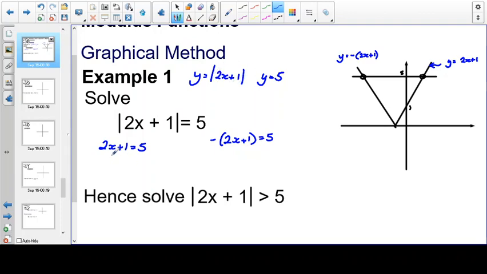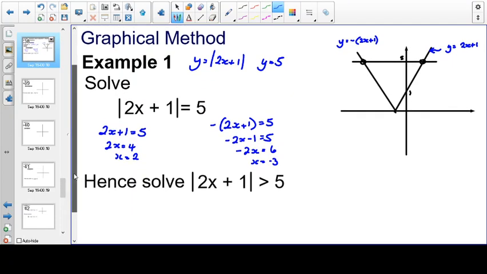That's going to give me 2x equals 4, so x equals 2. This one, minus 2x minus 1 equals 5, minus 2x equals 6, so x equals minus 3. Okay, so that is the point where x equals minus 3, and that's the point where x equals 2.